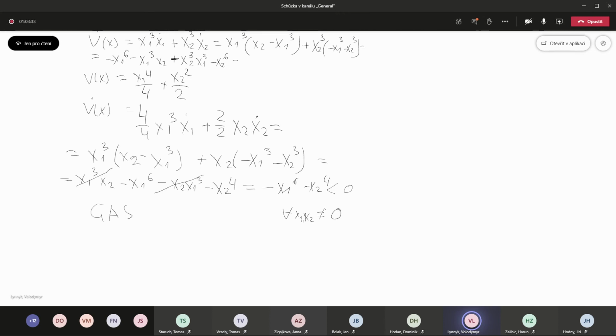Okay, let's do another. x1 dot equals minus x1 minus x1 cubed. We know that we can prove local exponential stability by the first Lyapunov method, and we can apply the second Lyapunov method and prove the global stability of the system.